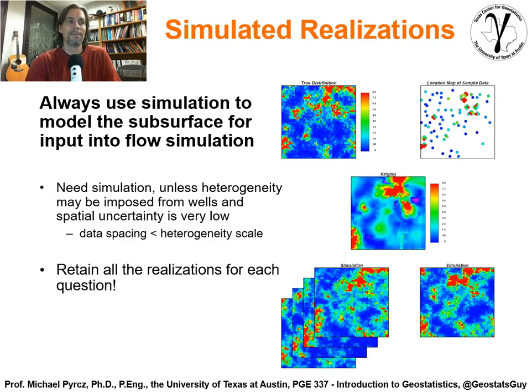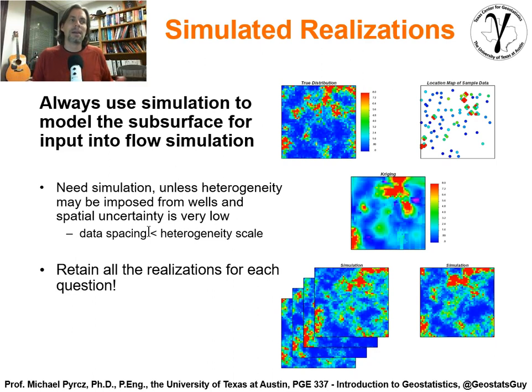It's pretty powerful. But when it comes to any type of flow simulation or any type of methodology or transfer function, I should say, that requires heterogeneity, use simulation. Simulation will provide you with the heterogeneity that may impact the response of the transfer function. Now, you may not need simulation if the data spacing is very small relative to the size or scale of the heterogeneity.